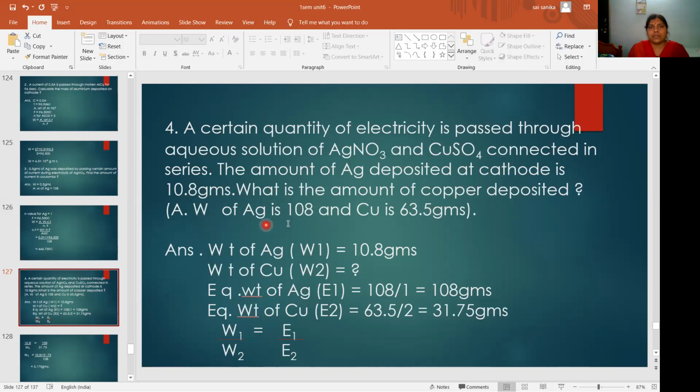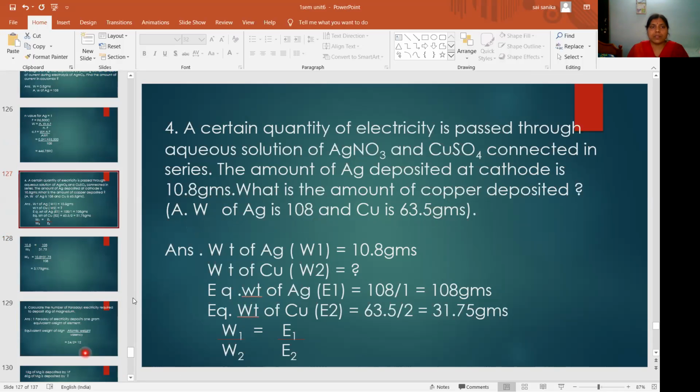The atomic weight of silver is 108 and copper is 63.5. So here read the question carefully. Two solutions are there and these two solutions are connected in series.